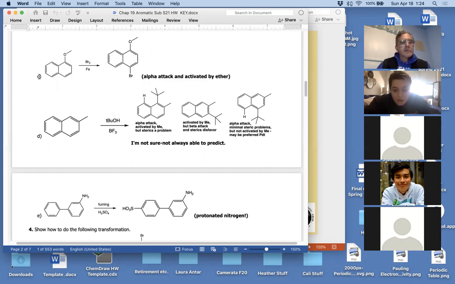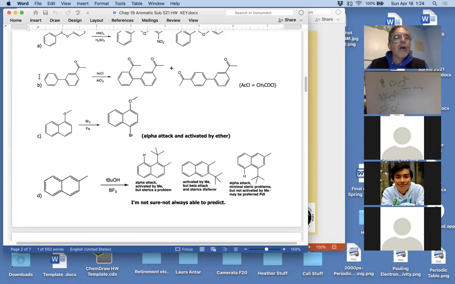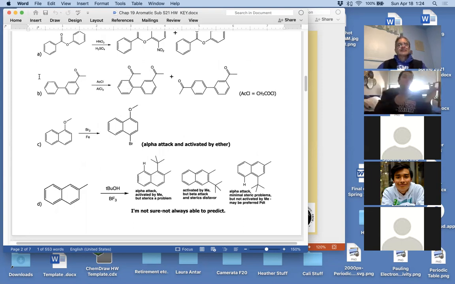Oh, that one, B. Okay, yes. So we do better with placing substituents at the ortho and the para positions because we don't end up with a resonance structure in which there's a positive charge at the same carbon alpha to the carbonyl group, because that doesn't work.